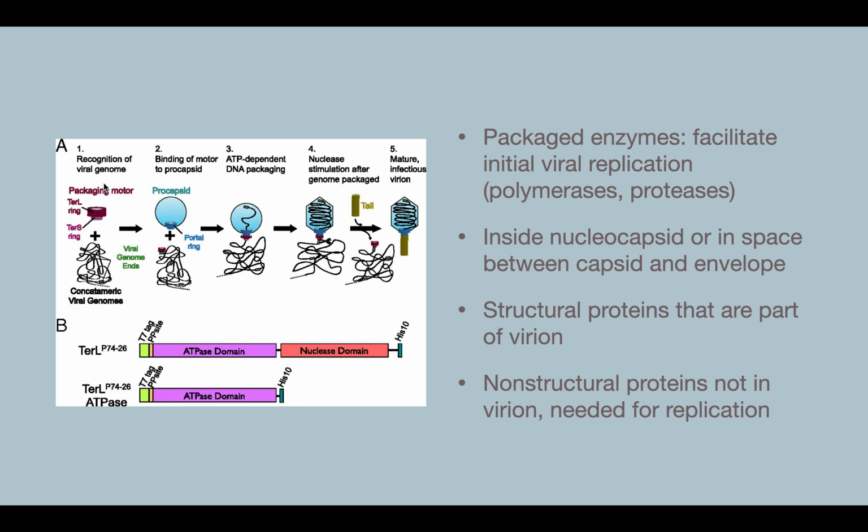So first, there's recognition of the viral genome, and then it binds, and then there's going to be packaging using ATP. The nuclease is going to be stimulated, and then the mature infectious virion is made.